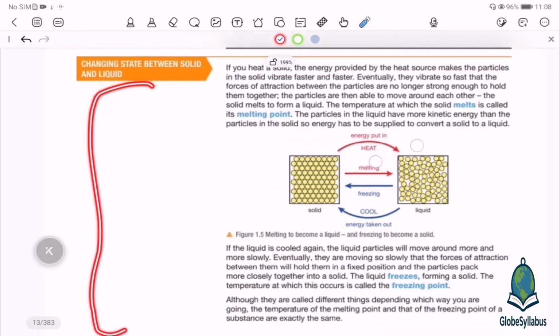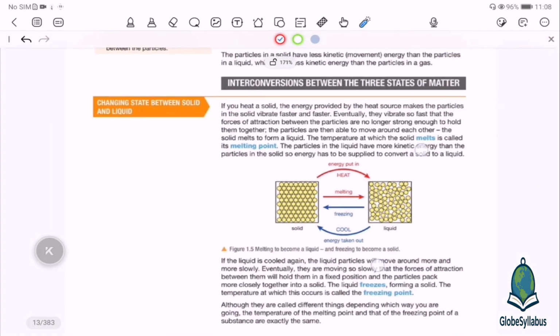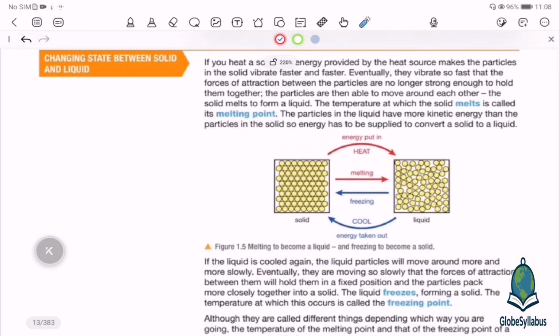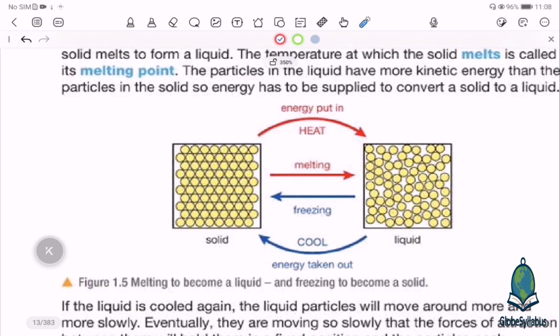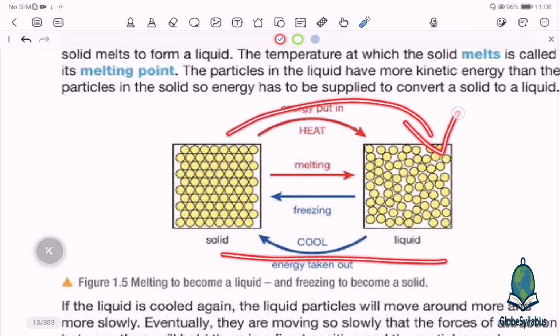And then here we get the interconversion between the three states of matter. We don't really need to read the words, we just need to observe this diagram. From solid to liquid, we need to input energy, and the process is called melting.